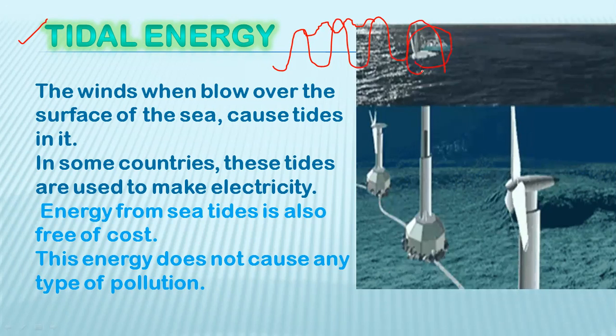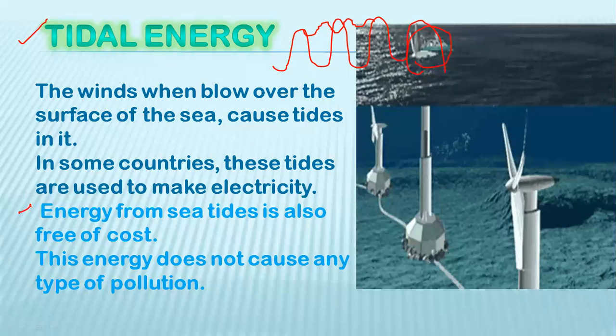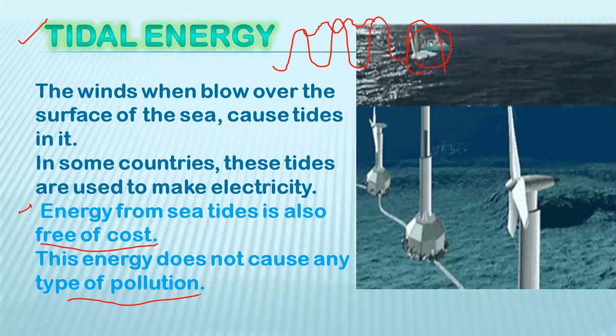near the sea. A very important point as well, its benefit: it's useful because it is free of cost, as tides do not cost any price, and this energy is also pollution free, so it does not cause any type of pollution.